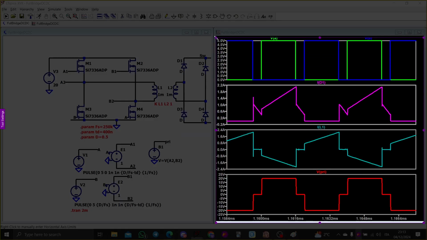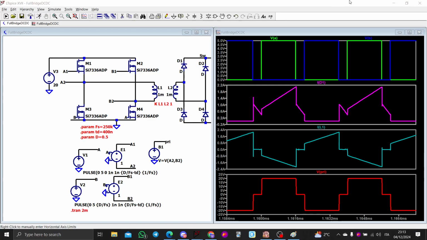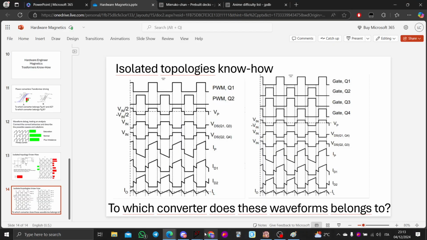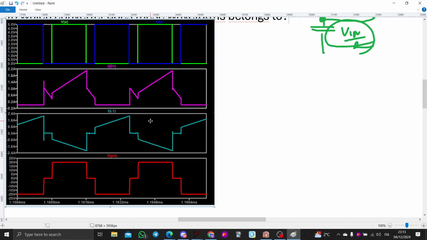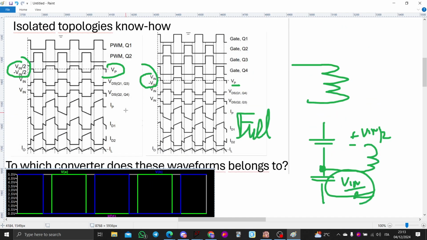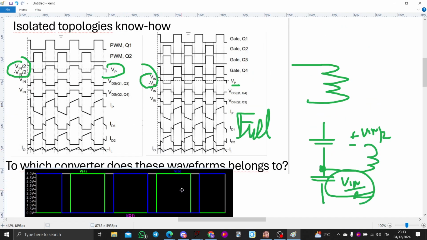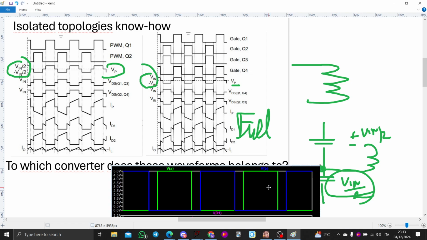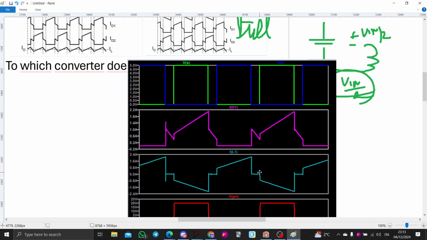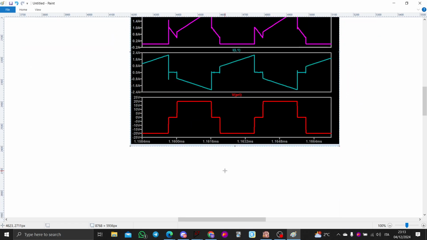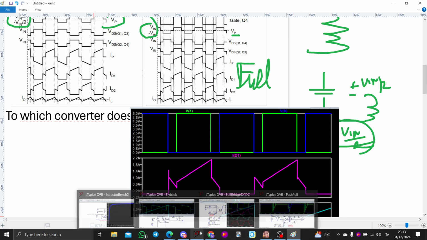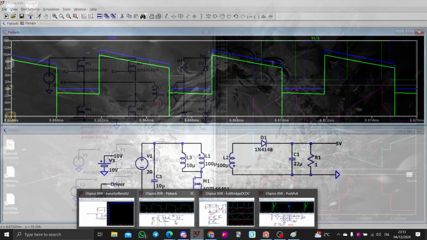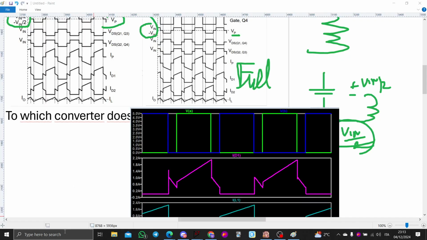Let me do a screenshot here. So the second is a full bridge. You can see the LTspice simulation. And the first, sorry, it's a half bridge.